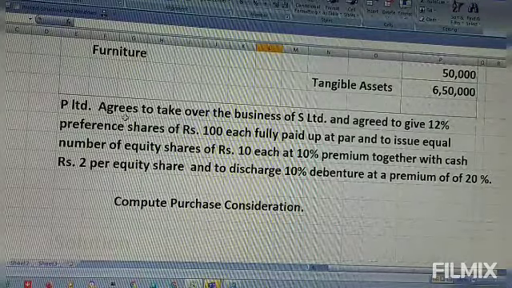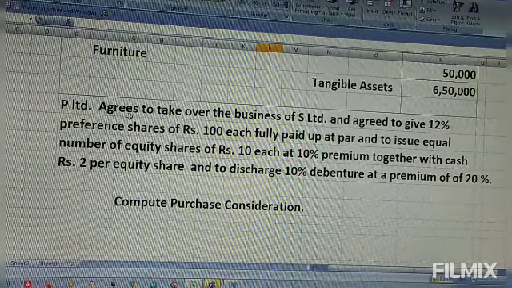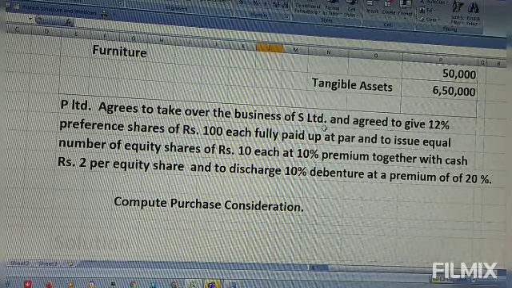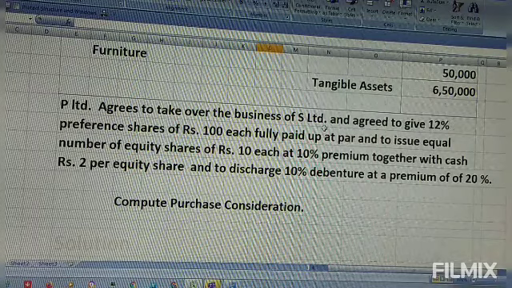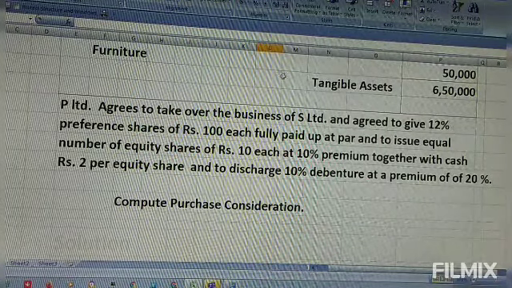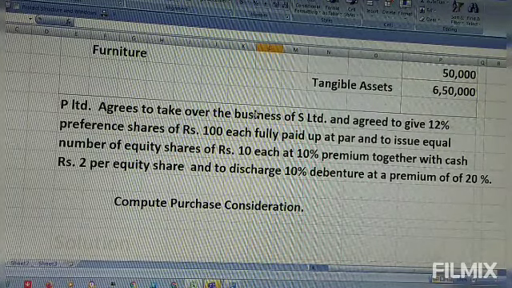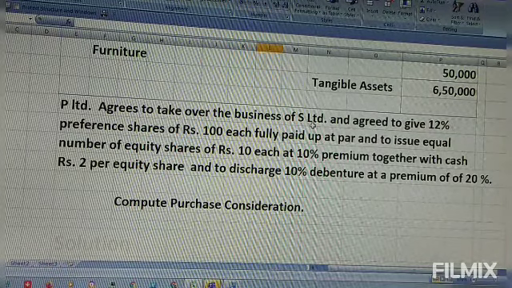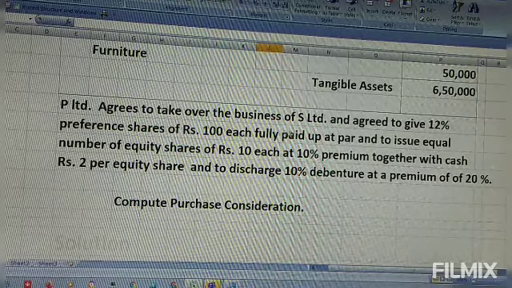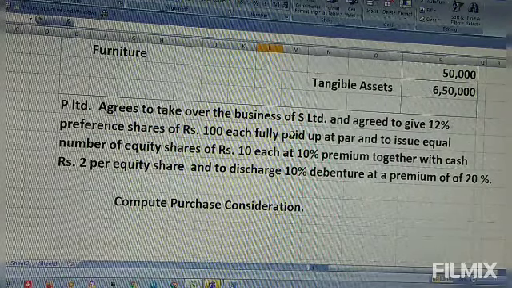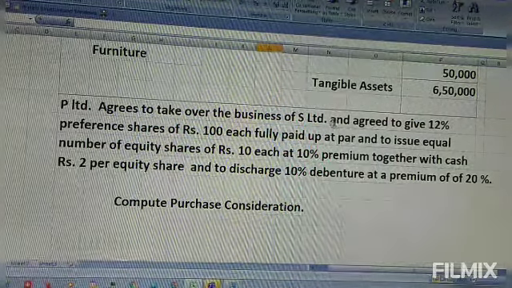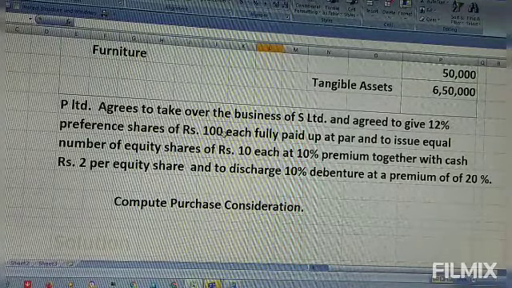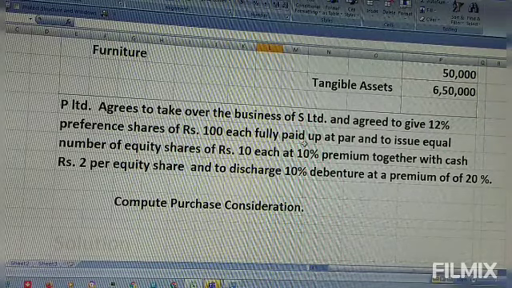Further information: P Limited agrees to take over the business of S Limited. P Limited, the new company, is ready to take over S Limited, whose balance sheet is given for information. When taking over, it agreed to give 12% preference shares of rupees 100 each, fully paid up at par.